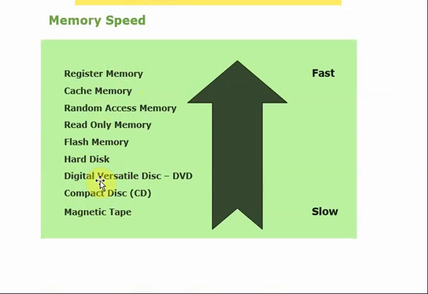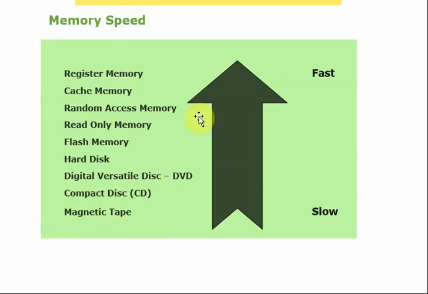So this is slower than the hard disk drive. Magnetic tape is the slowest, and it uses sequential order, not random. It needs to follow one after the other, so we call it sequential, but here random access is possible.